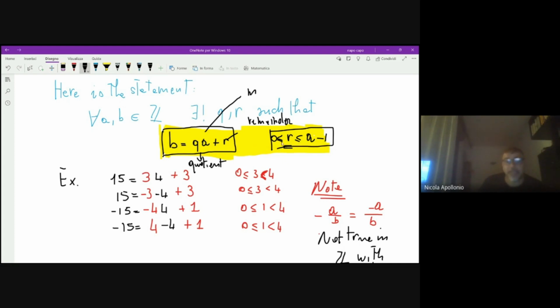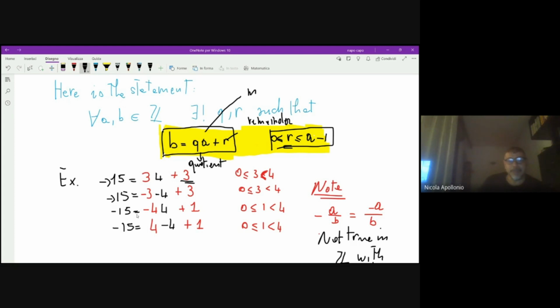And we have these constraints. The remainder cannot be negative. It cannot be larger than or equal to A. This makes the difference because, look, 15 is, of course, 3 times 4 plus 3. This is the remainder.